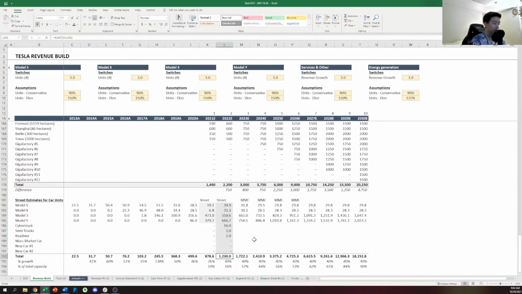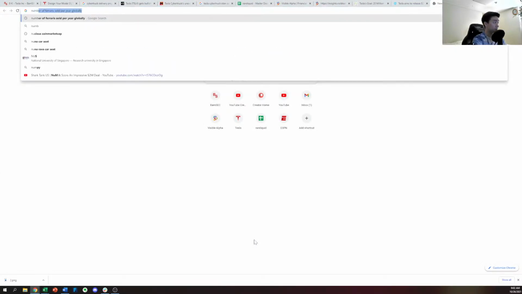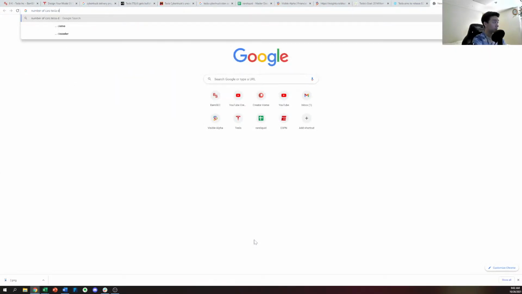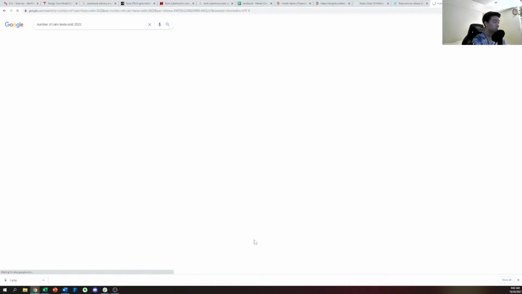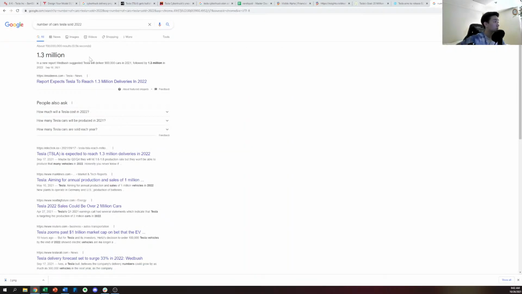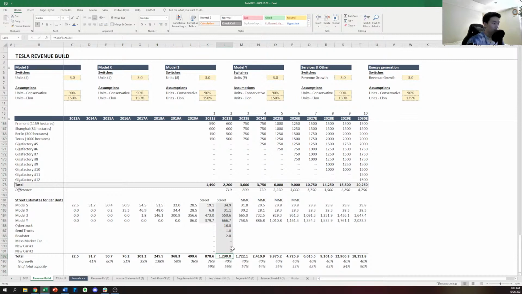This means next year they're going to be delivering 1.2 million cars. Let's see how much Elon said he thinks is going to be possible. Okay, Wedbush says 1.3 million. Tesla is expected to reach 1.3 million deliveries in 2022. So I think that number is fairly, you know, I think we could increase these a little bit.